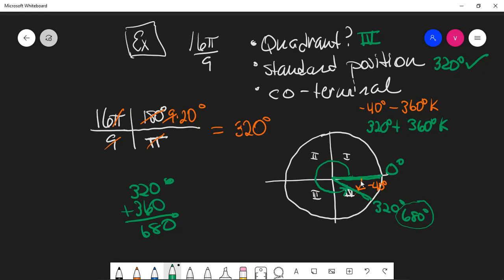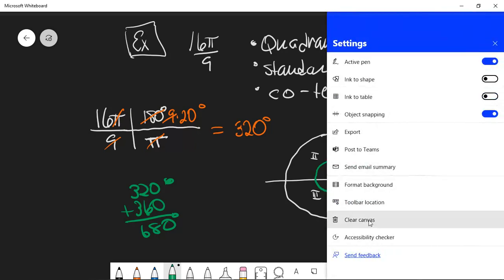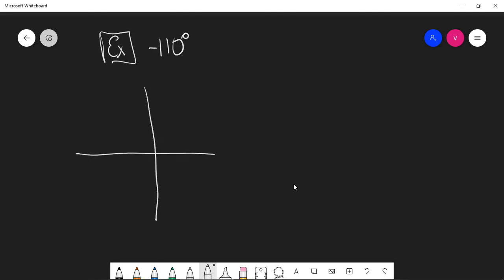All right, so let's try another example after this. Clear this. Let's do negative 110. Oh, I can't write today. Sorry. Okay, so let's find it on the circle. So I'm going to draw a circle now.